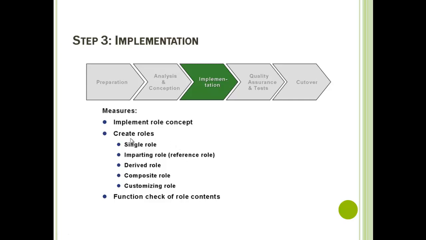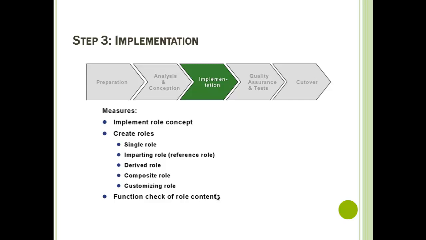All the technical information is assigned to a single role. Then we will create a composite role. Composite role is nothing but a collection of single roles. And we will also create reference role and derived role if you have multiple organization levels required for your scenario. We will see how we create this in detail.